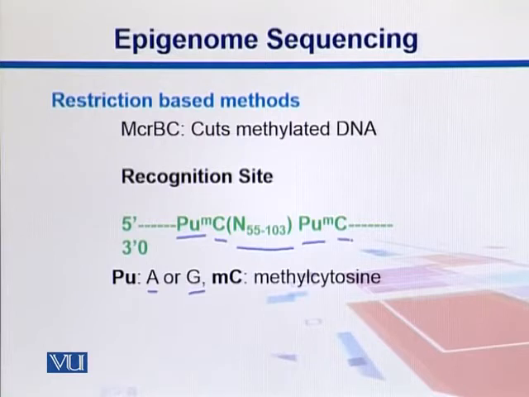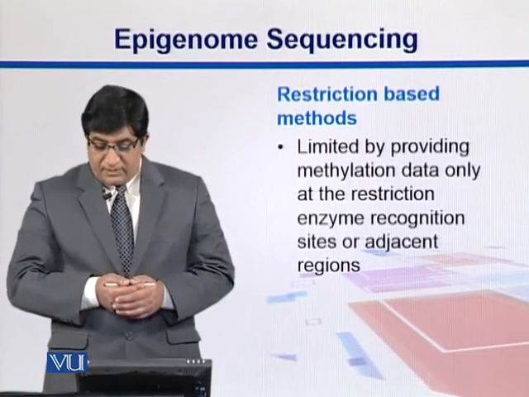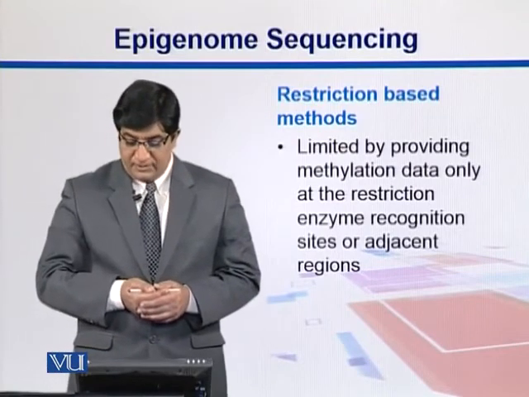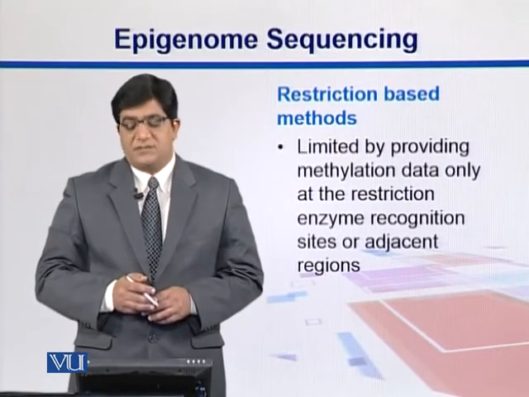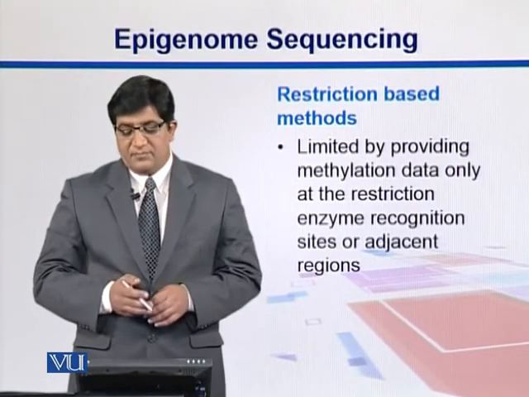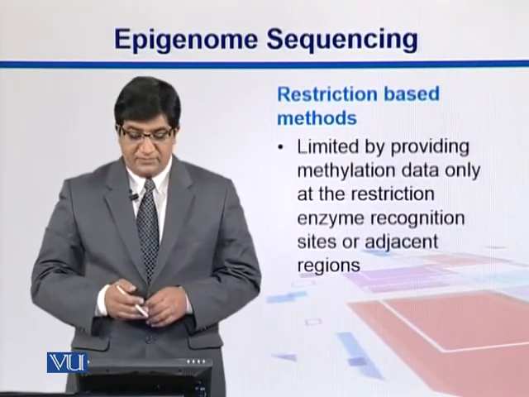So this enzyme recognizes these sites, and in this way we can identify those cytosines which are followed by purines and separated from one another by this length, and we can suspect that these cytosines are methylated. But this is limited. It provides data only from those cytosines which are present where we have that restriction site.